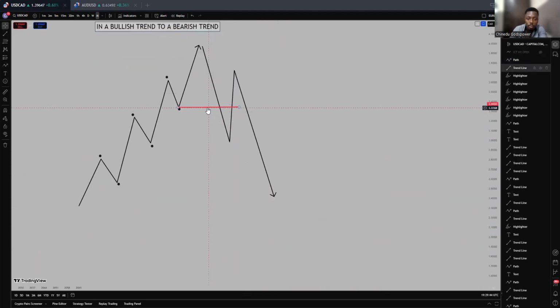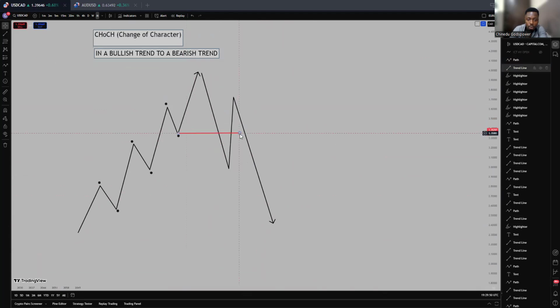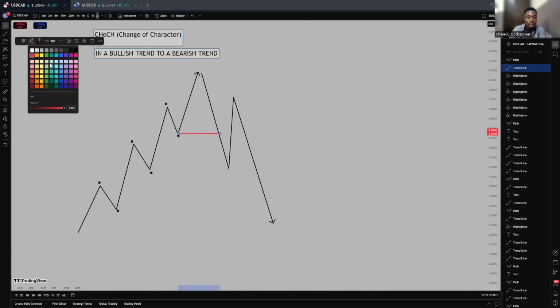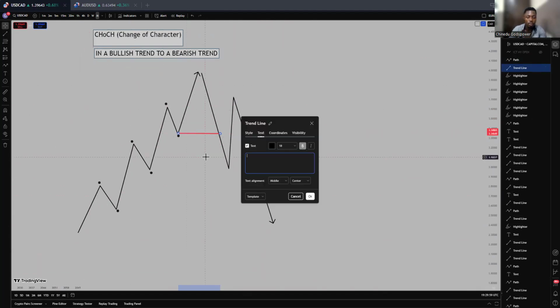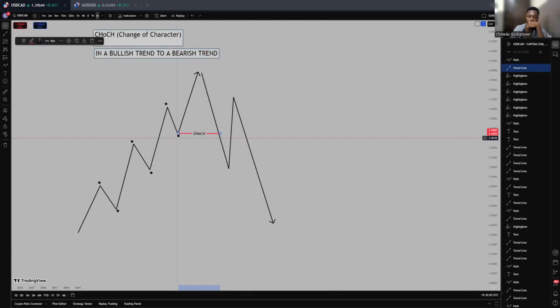So right here, this zone, this higher low, the last higher low to be broken, is where you will mark out where price changed character. I'm going to write CHoCH, change of character. This is where price changed character to the downside.